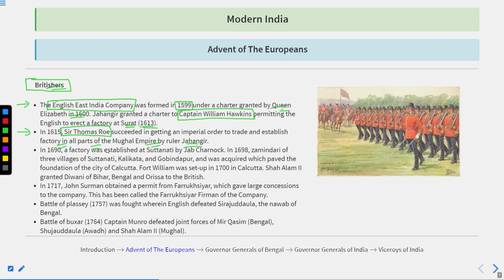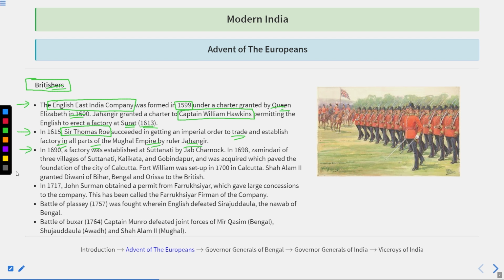After removing the Portuguese from there, they managed to start trading. But Sir Thomas Roe, who was the ambassador to Jahangir from the British ruler, succeeded in obtaining orders that the Britishers were now allowed to trade and establish their factories in all parts of the Mughal Empire and all the Indian territories under it.